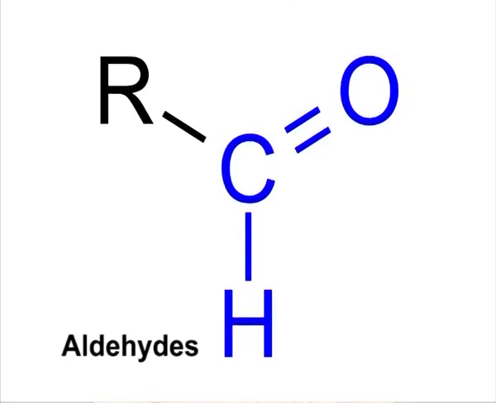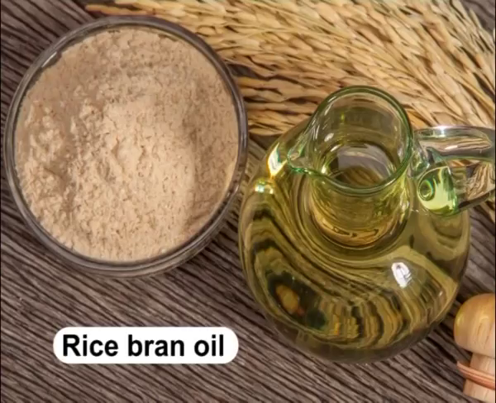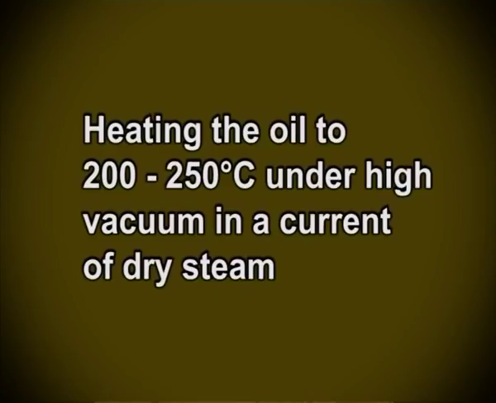Deodorization. The final stage in processing for cooking oil involves the removal of ketones and aldehydes which cause undesirable colors and tastes. Deodorization of rice bran oil is carried out by heating the oil to 200 to 250 degrees centigrade under high vacuum in a current of dry steam.